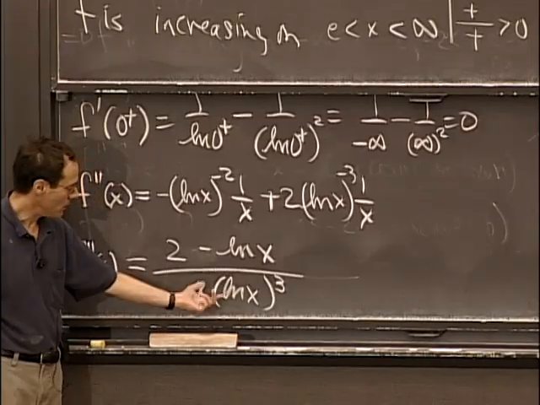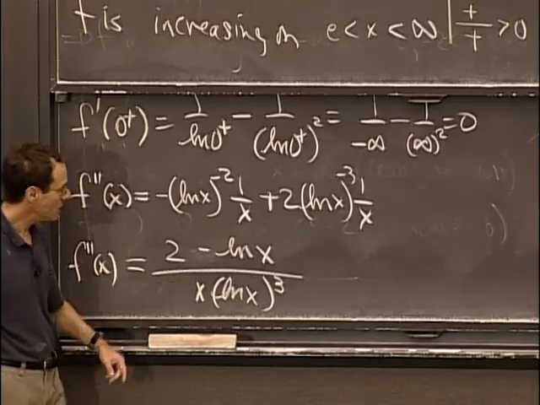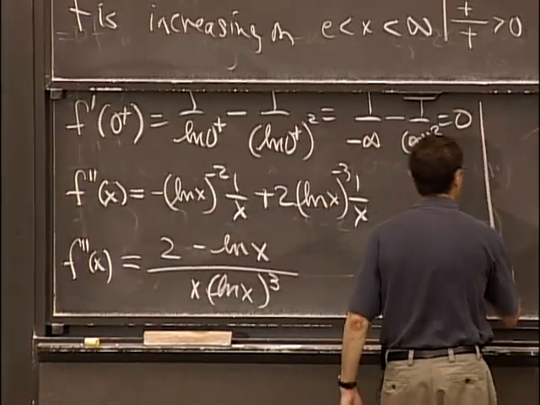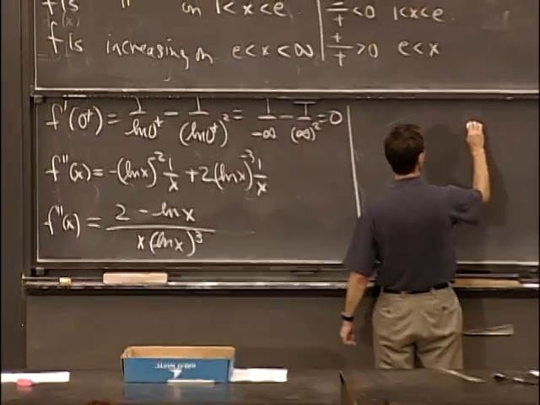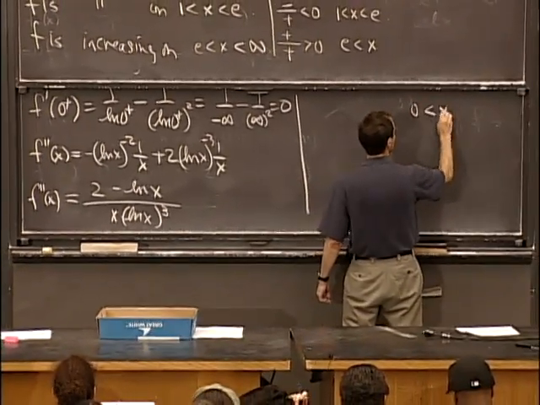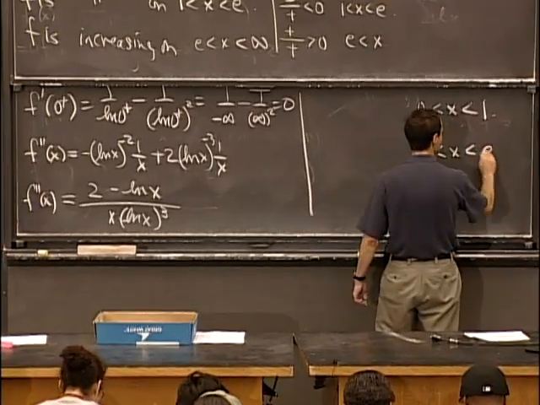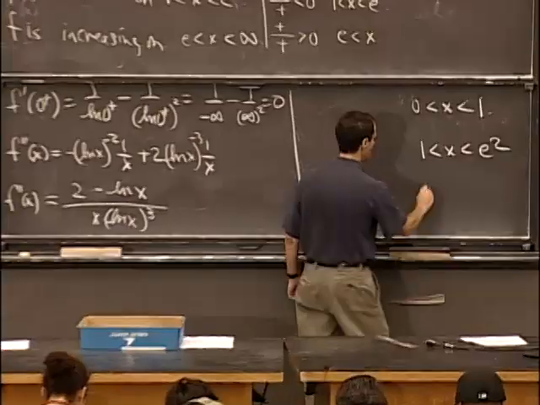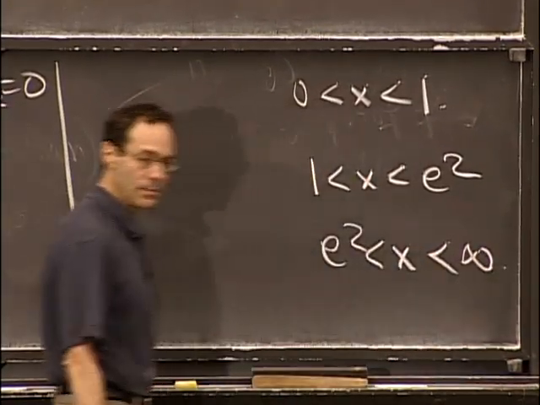That's when the log flips from positive to negative. Okay? So we have a couple of ranges here. So first of all, we have the range from 0 to 1. And then we have the range from 1 to e squared. And then we have the range from e squared all the way out to infinity.